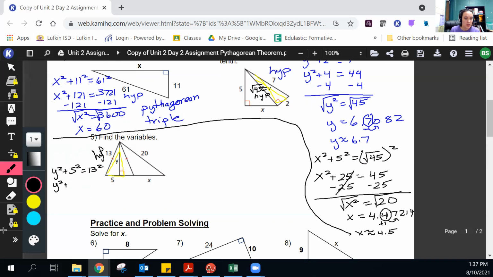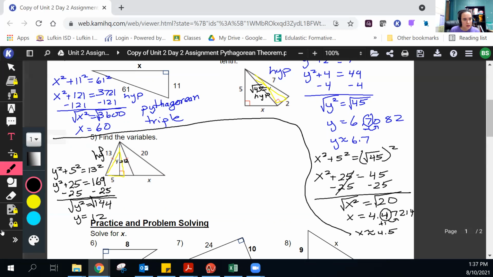Y squared plus 5 squared, which is 25, equals 13 squared, which is 169. Subtracting 25 from both sides, we get y squared equaling 144. And we take the square root of both sides, and we get y equaling 12.